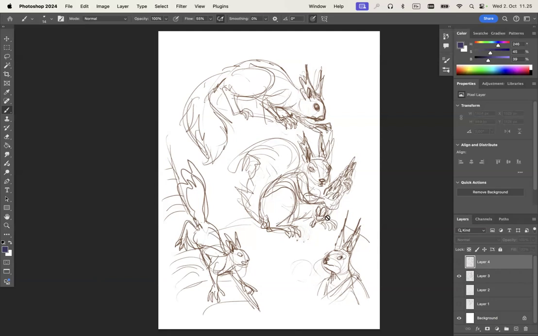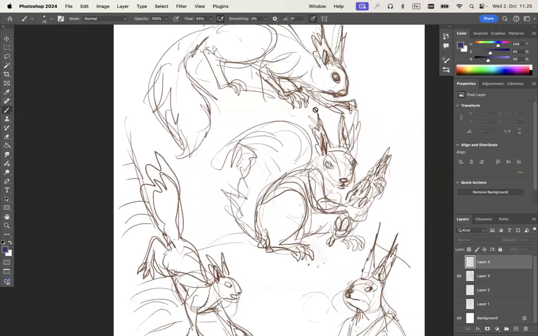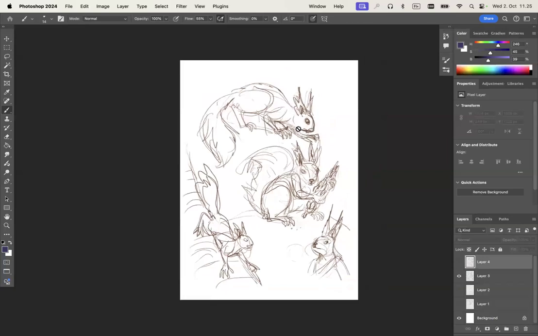Also, I tried to have this typical position of a squirrel where it's holding something and sitting as non-cute. So I'm thinking of a thieving squirrel here, or maybe a military squirrel. How would that look? This I don't like at all here, and I would need to change the shape of the snout altogether.